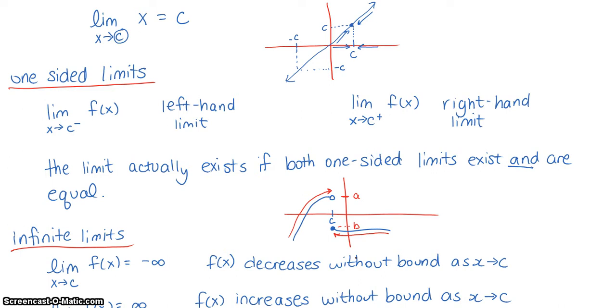Now the limit actually exists if both of the one-sided limits exist and are equivalent. In this case, the left-hand limit and the right-hand limit are not equivalent, so therefore the overarching limit as you approach C does not exist. But we can write it down as a left-hand limit and a right-hand limit.